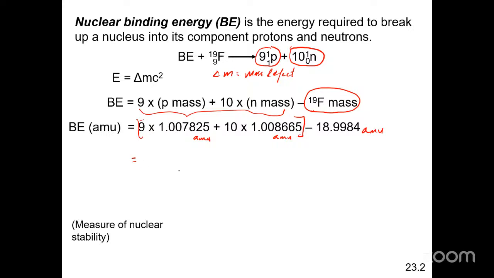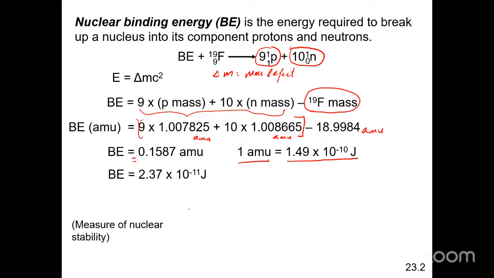And when you work that out, according to what I have here, that gives you 0.1587 AMU, right? Now, there are a couple of approaches you can take. The approach that is shown here in this PowerPoint is that 1 AMU is equal to 1.49 times 10 to the minus 10 joules, right? So basically, all you have to do is convert 0.1587 to joules using this here.